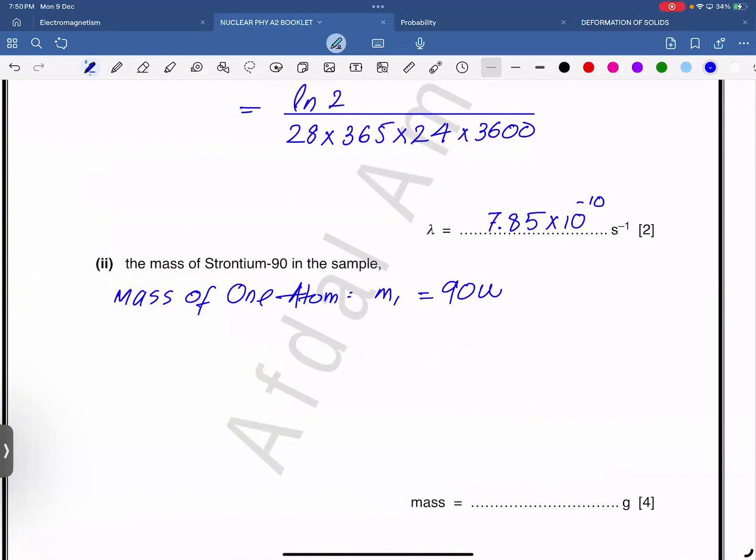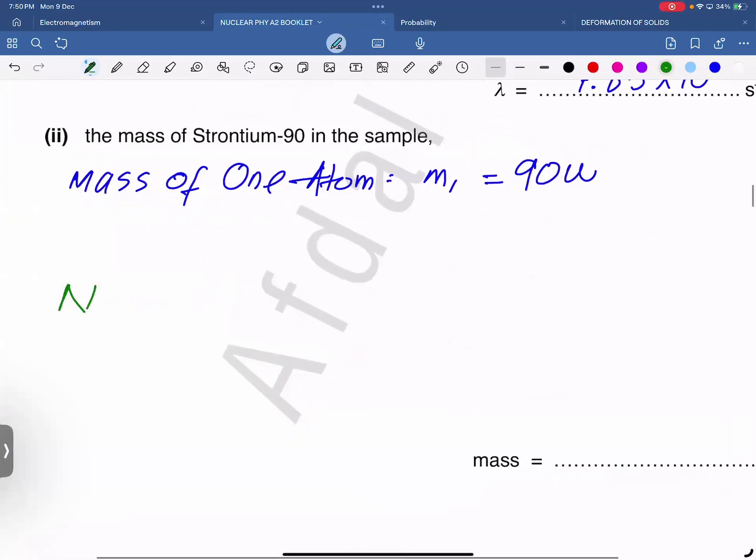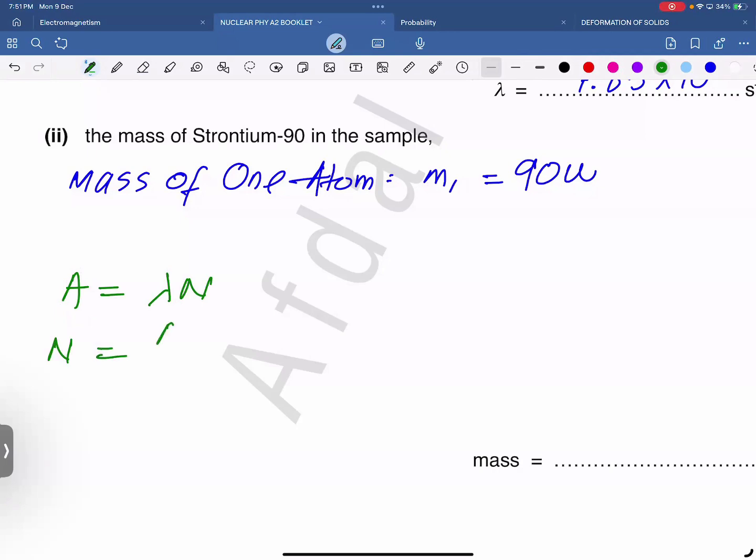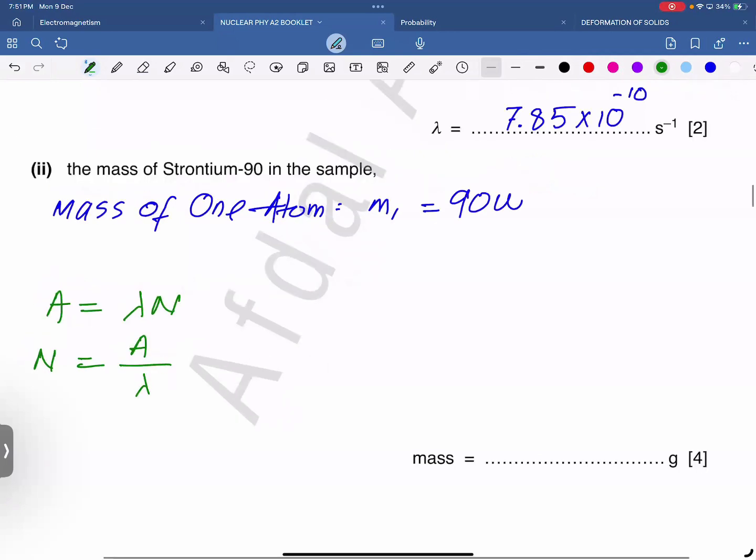Now the problem is the mass. For mass, we need the number of atoms in the sample. Number of atoms in the sample formula, my dear: A equals lambda N. So N will be A over lambda.